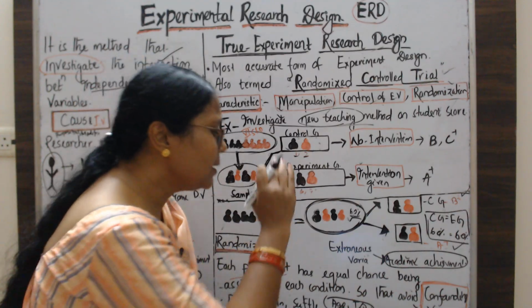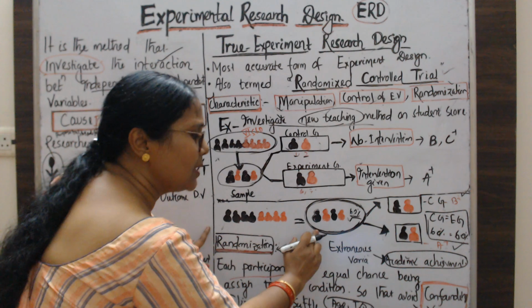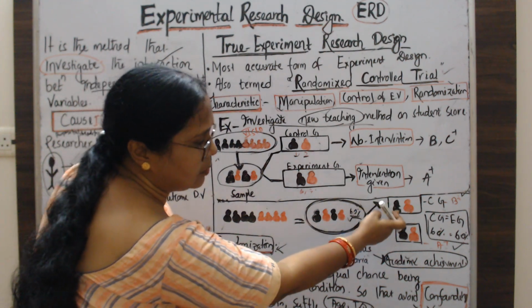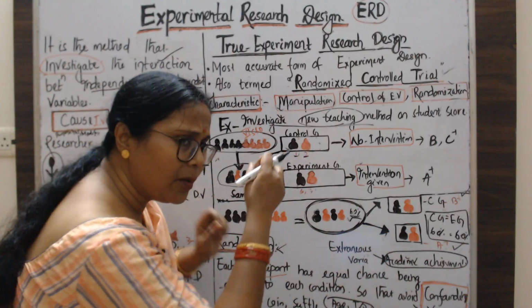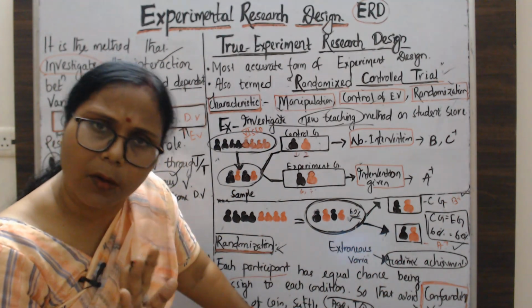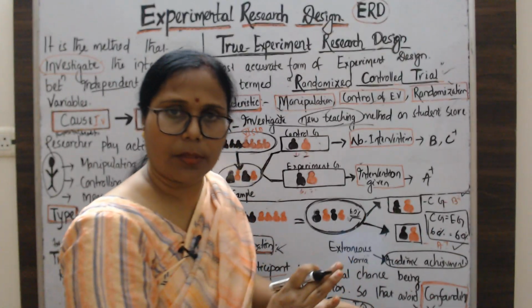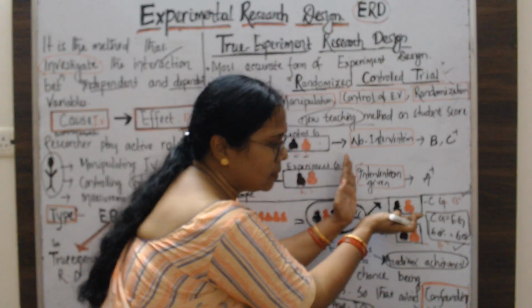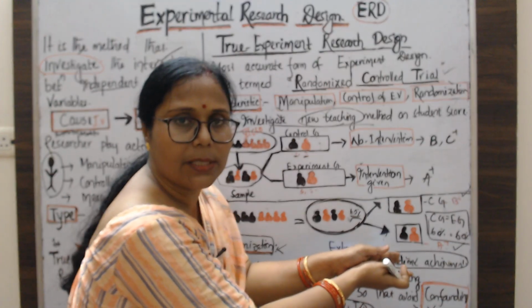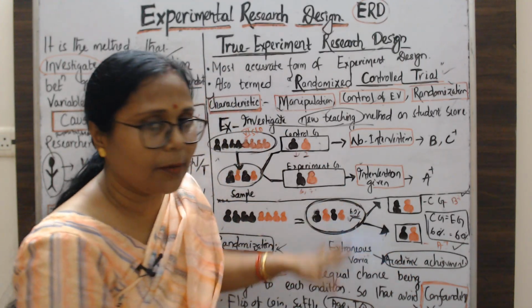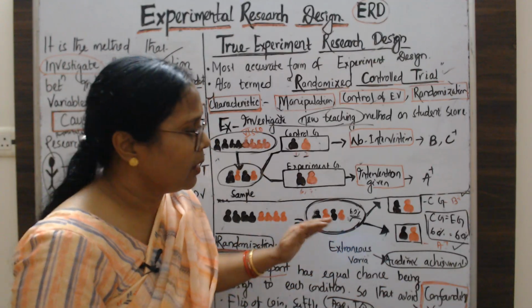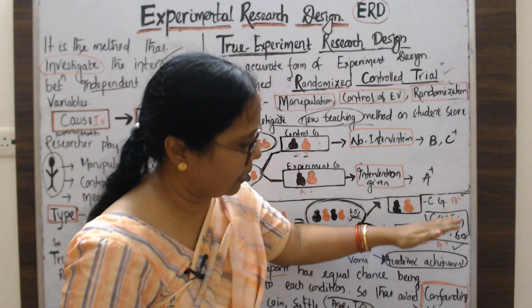The researcher who selects the sample, or the students, for the control group and the experimental group, will take students who are average, so that the students in the control group match the experimental group. We take average IQ students, or 60% score students, in the two groups, the control group and the experimental group.